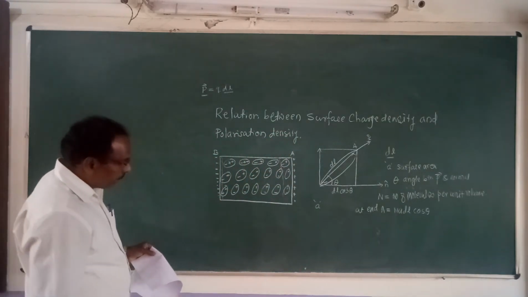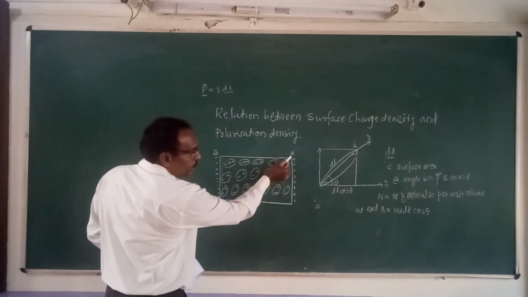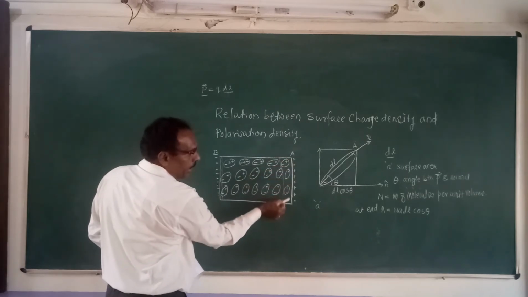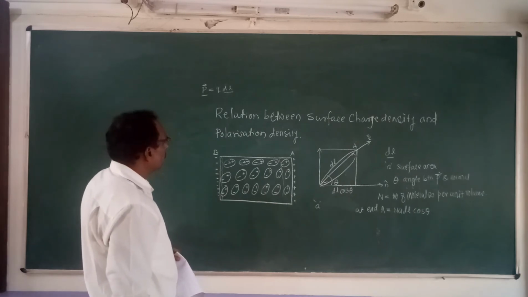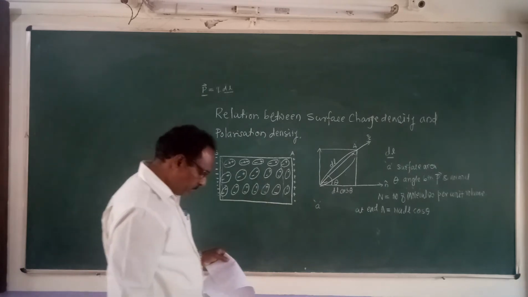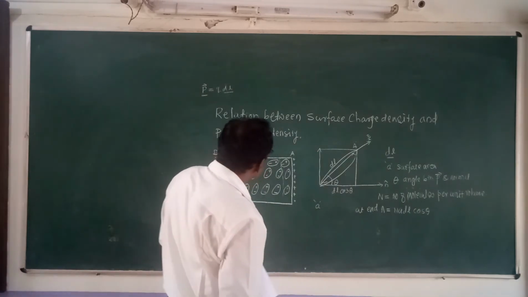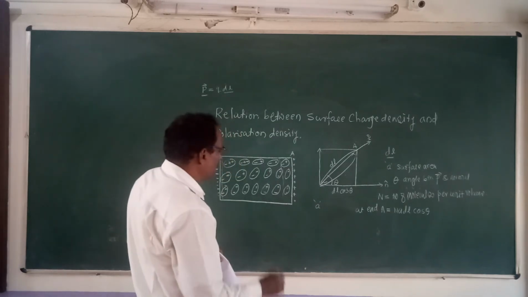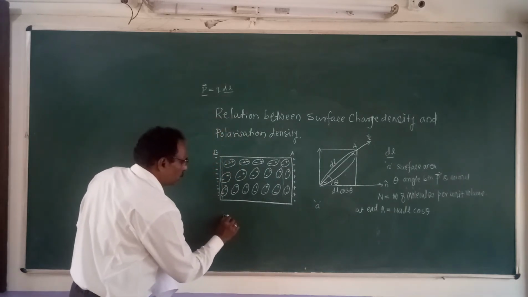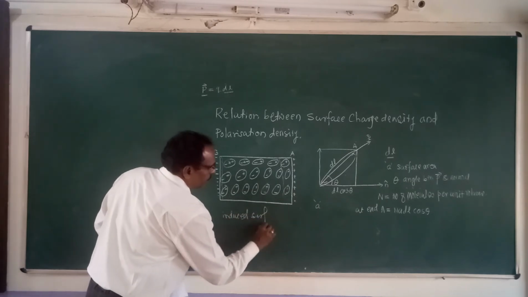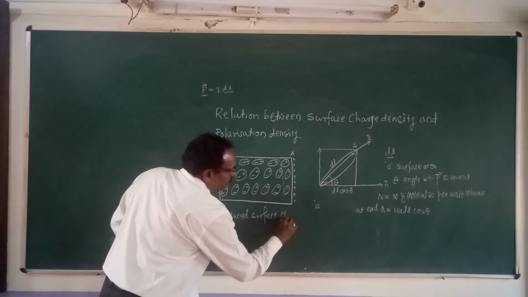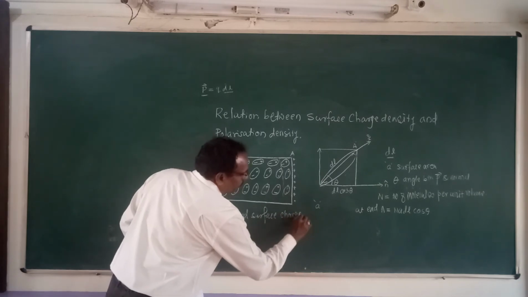So this is the number of positive charges induced at end A or the number of negative charges induced at end B. So we can now write the induced surface charge density.